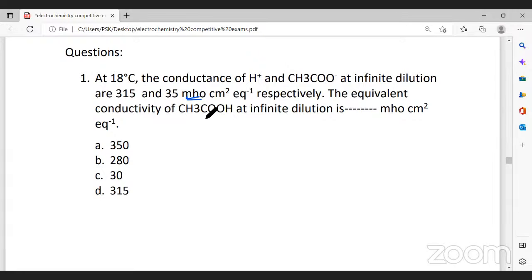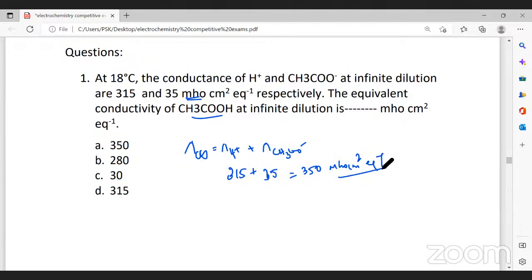The equivalent conductivity of acetic acid at infinite dilution, according to Kohlrausch's law, we just need to add both. So that's 315 plus 35. It will be 350. Lambda of H plus and lambda of CH3COO minus, 315 plus 35, is 350 mho centimeter square per equivalent.